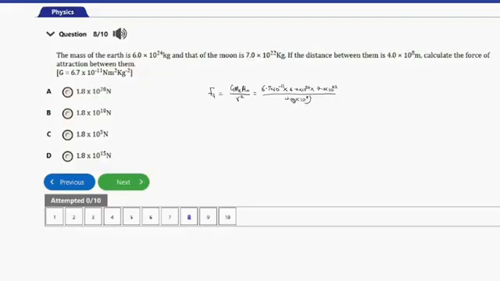So guys, we'll go ahead and calculate this all through. So that's option A here. So option A is the answer to this question.